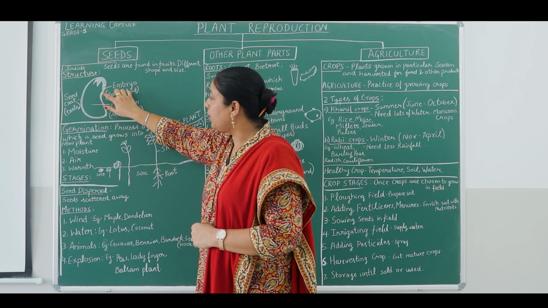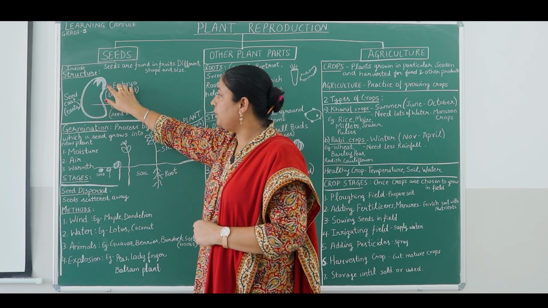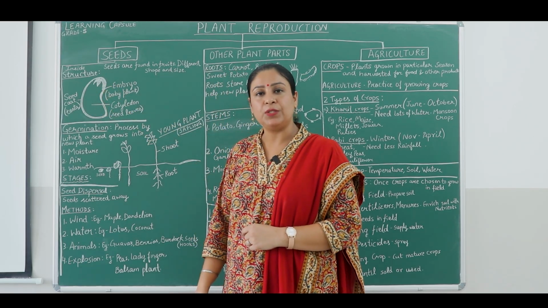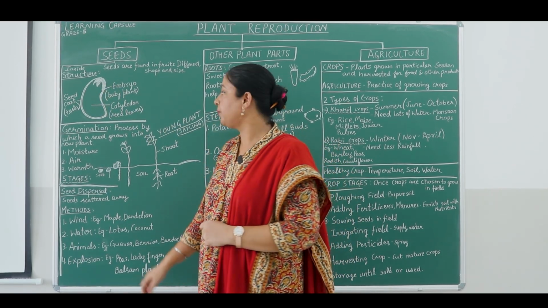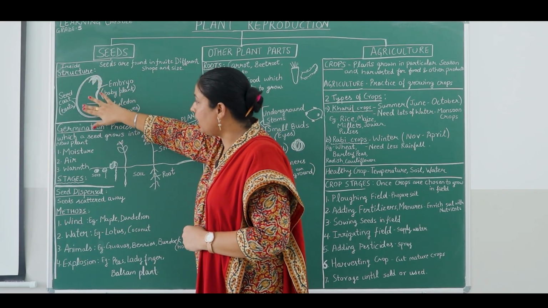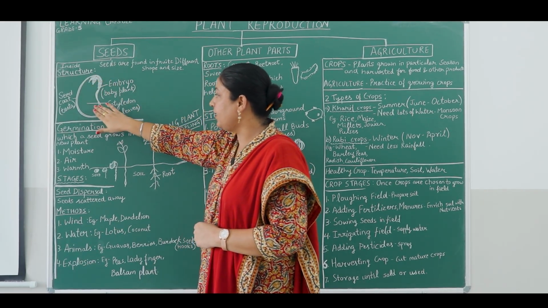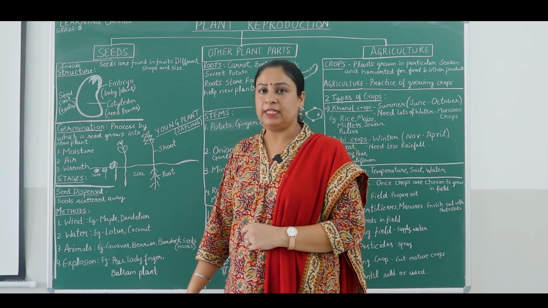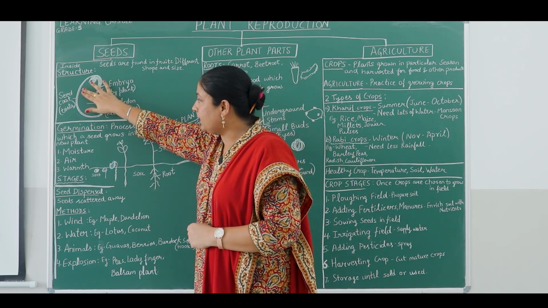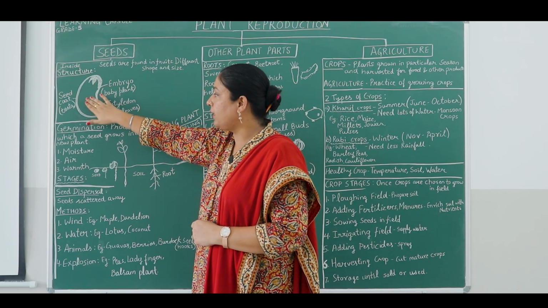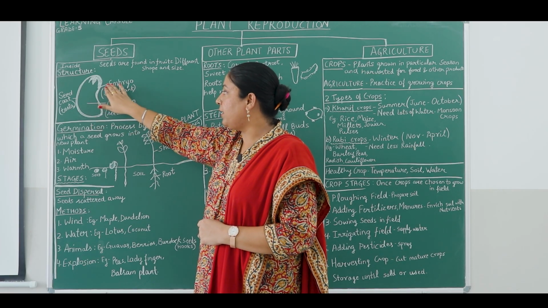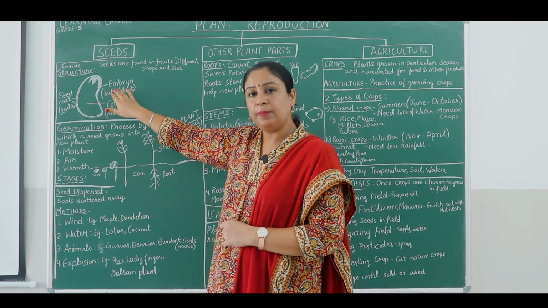This is the baby plant which is inside this seed, and this baby plant is known as the embryo. This whole area is known as the cotyledon, which is also known as seed leaves. These seed leaves, or the cotyledon, provide nutrients and energy to this baby plant.